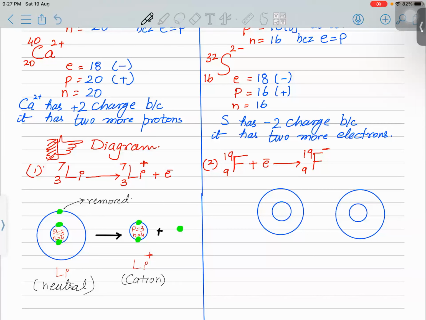If electrons are the same, electronic configuration remains the same. If electron is changed, electronic configuration is also changed. So now for Li plus, the electronic configuration is 2. Exactly.